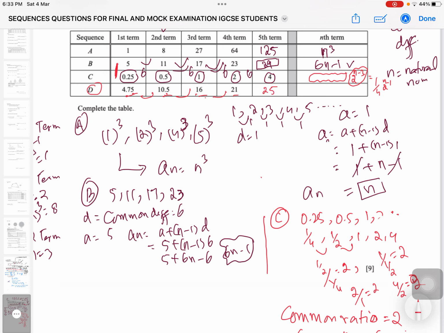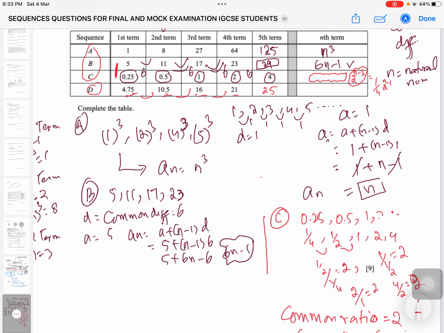So 29 minus 4 is 25. It means when a sequence is not arithmetic and not geometric, then quickly check the difference of any two sequences, like AB or AC or BC. See, there are three sequences already here. So check the difference of two sequences, addition of two sequences, multiplication of two sequences.